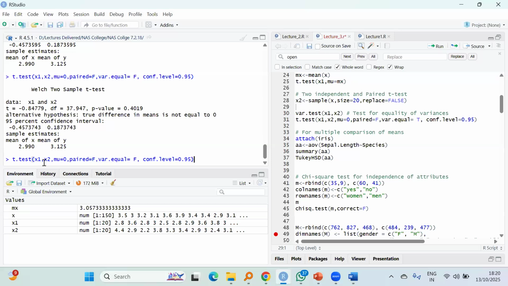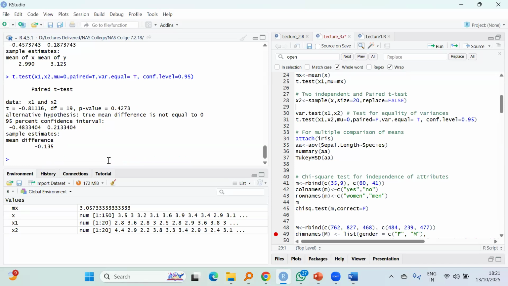Suppose we have two data, before and after type, and this data set we have entered in the form of x1 and x2. Then in that case, variances are also homogeneous. So paired is equal to true. So now this t dot test will perform the paired t test.